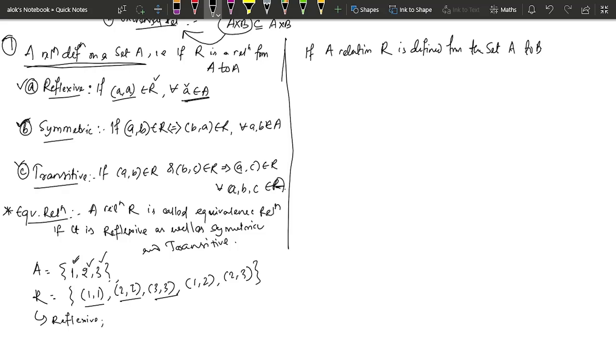Now for symmetric, for (a,b) belongs to R, we have to have (b,a) also belong to R. So here for (1,2) we should have (2,1) in the set R, but since we do not have (2,1) in the set, this is not symmetric.